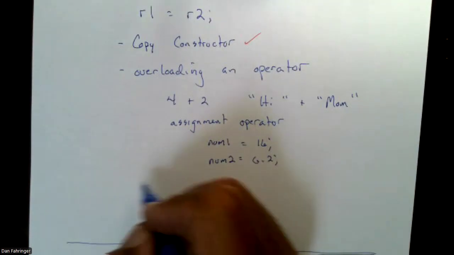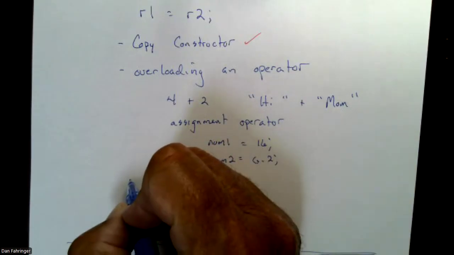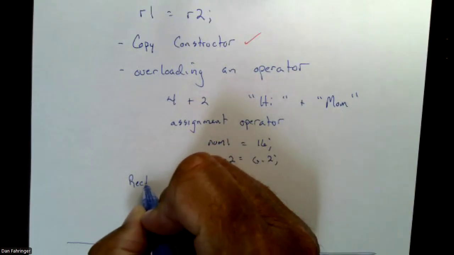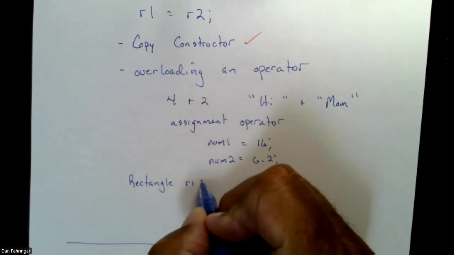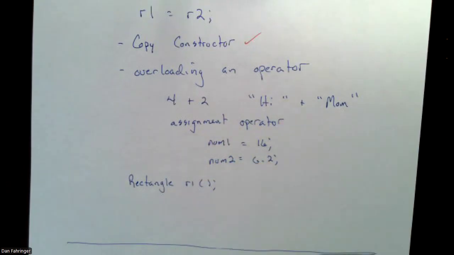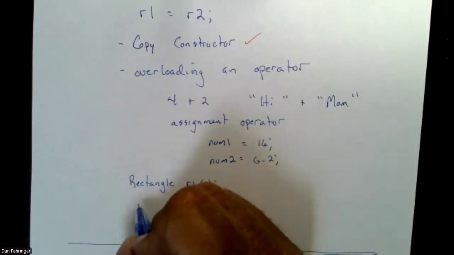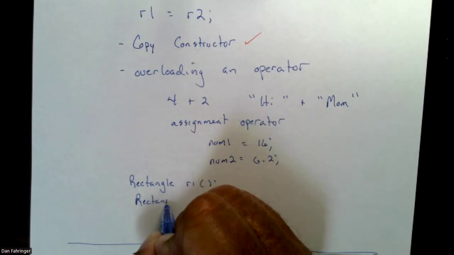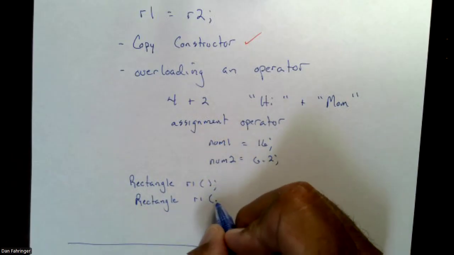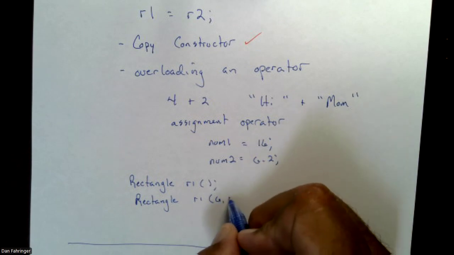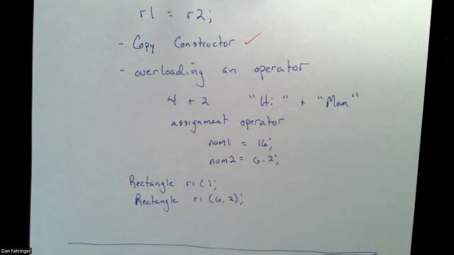If I remember before, I would do something like rectangle R1, and it would be empty. Or I would do rectangle, the class name, declaring R1, and I may send in a value like 6 for the length and 2 for the width.